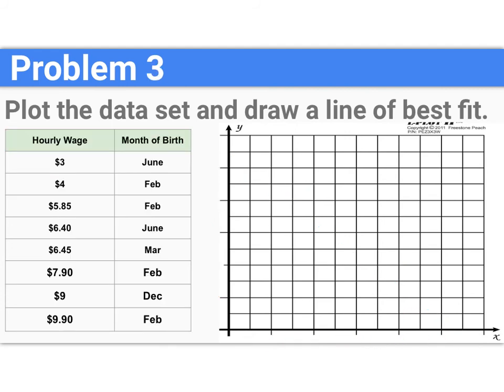So, hourly wage in month of birth. Okay, so what do we have here? Can I fit 3? 3, 350, 4, 450, 5, 550, 6, 650, 7, 750, 8, 850. Nope, can't fit it in because we go from $3 to $10. So every line is going to be $1.